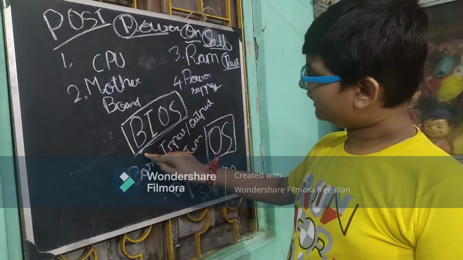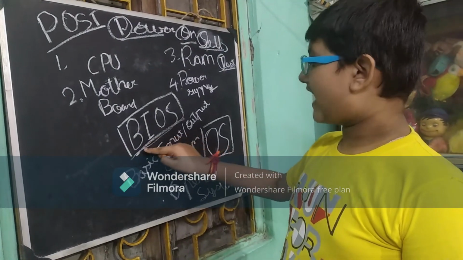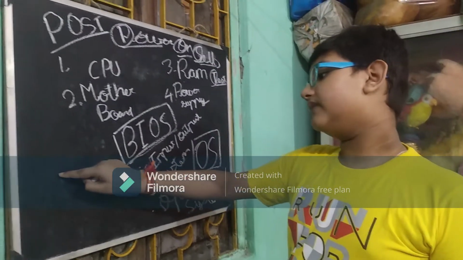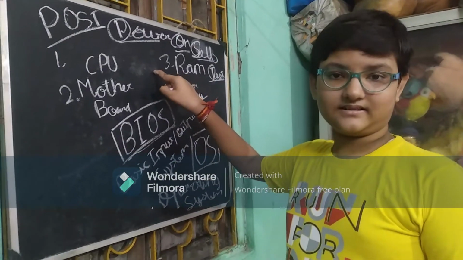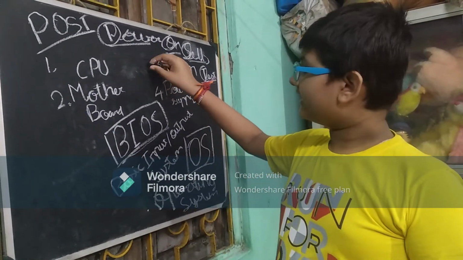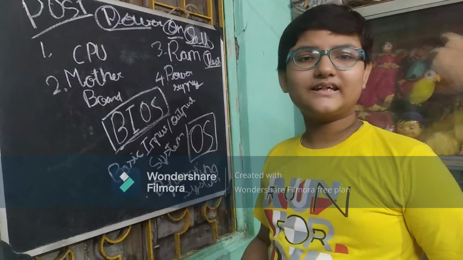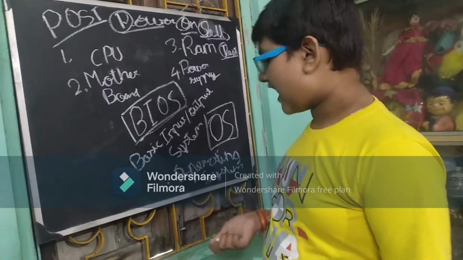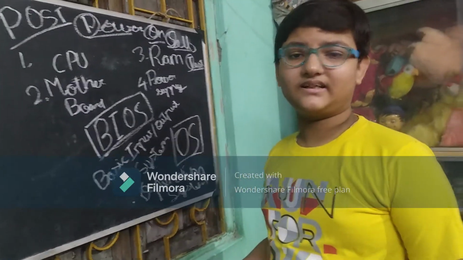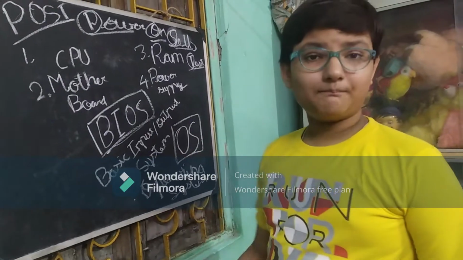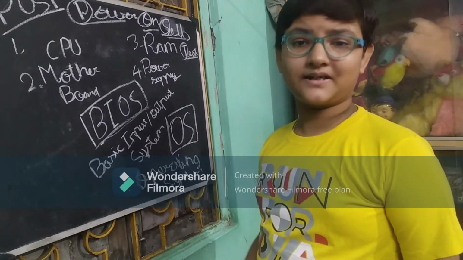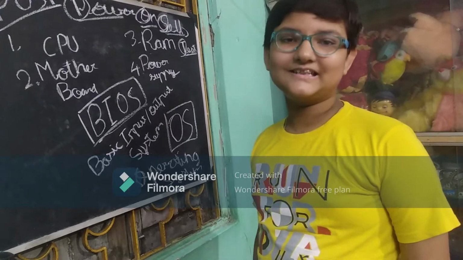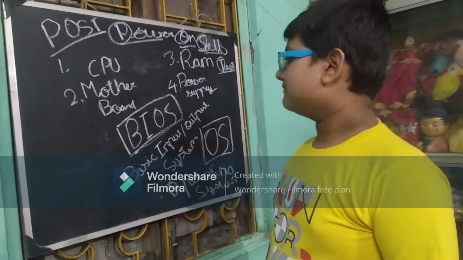So what happens is, this BIOS will go to the hard disk, and the OS can be in a hard disk, E drive, C drive, or it can be in your pen drive. CDs and DVDs don't work so much now as they are from older times.